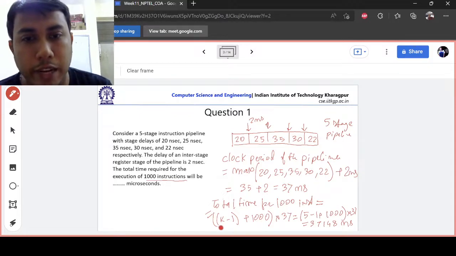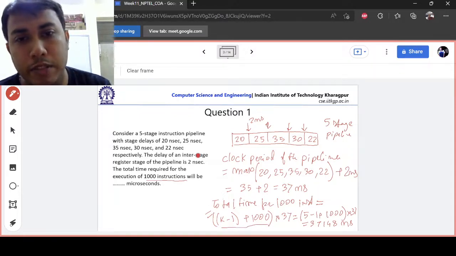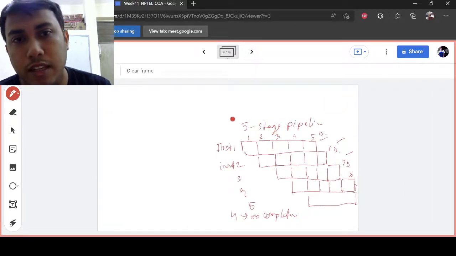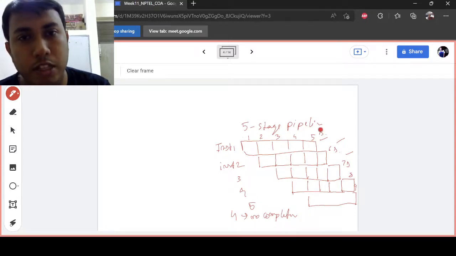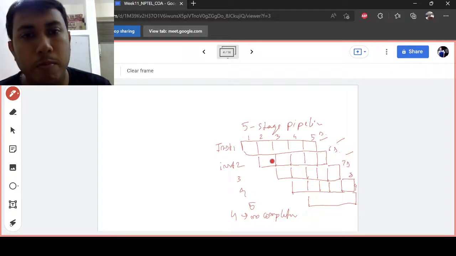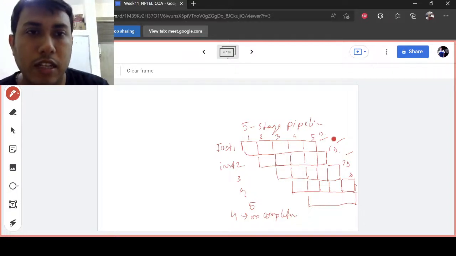So I explained how this formula k minus 1 plus 1000 is derived. Consider this is a 5 stage pipeline. Instruction 1 gets over at the fifth unit of time: 1, 2, 3, 4, 5. Similarly, the second instruction will get completed at the 6th unit of time.